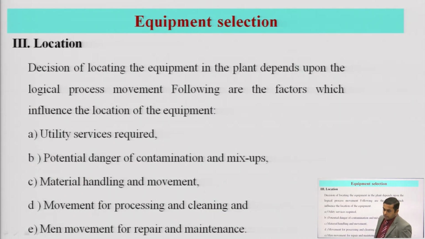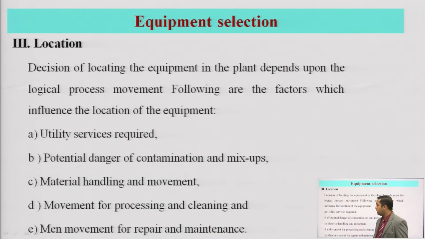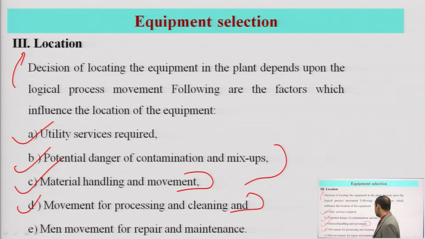Then, after learning the size and the design, now let me talk to you about the location, the third point. The decision of locating the equipment in the plant depends upon the logical process movement. The following factors are considered. What are the factors? Utility services required, potential danger of contamination and mix-up, material handling and movement, movement of processing and cleaning, and man movement for repair and maintenance.